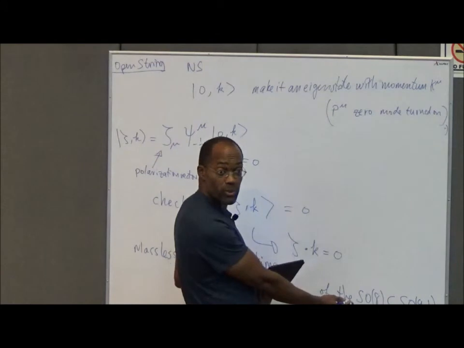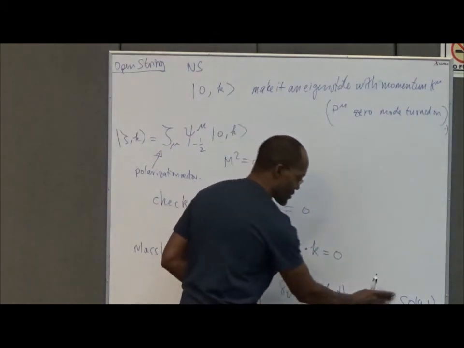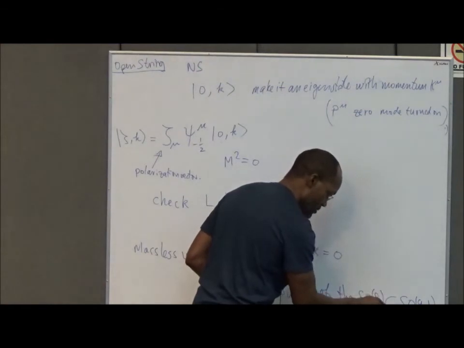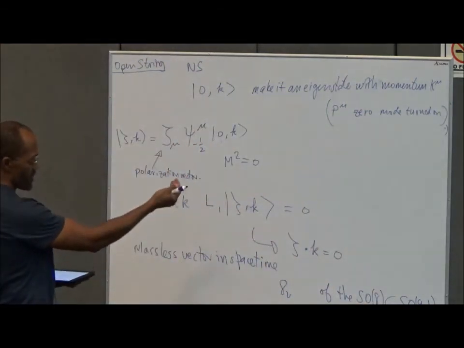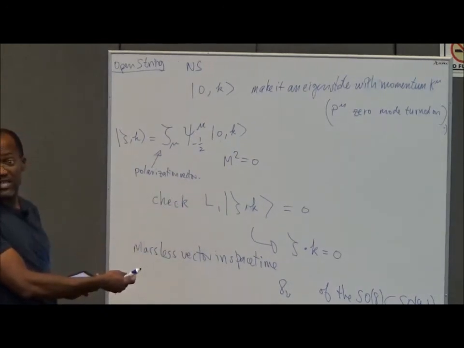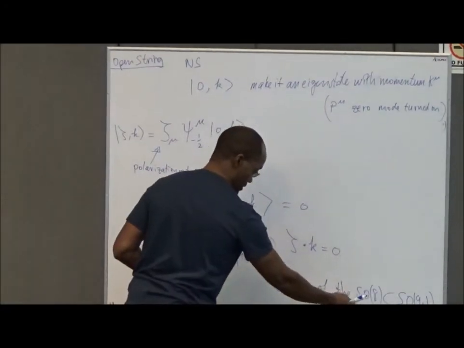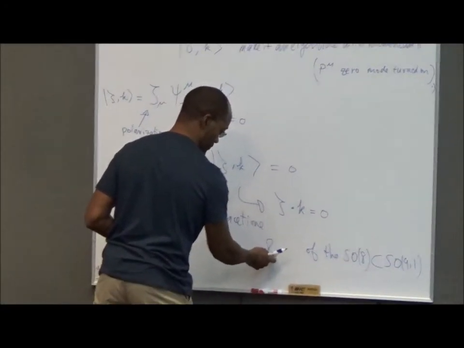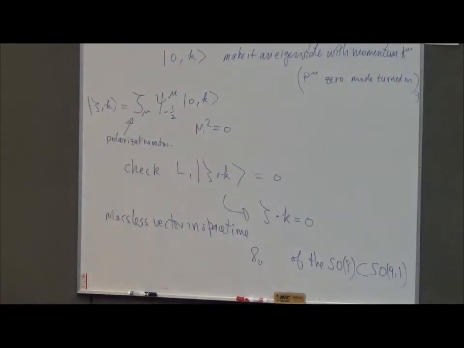The little group of the space-time Lorentz group. There's always a little group which classifies the massless sector. In this case it's SO8, and this is the 8 vector with SO8 transformation properties.